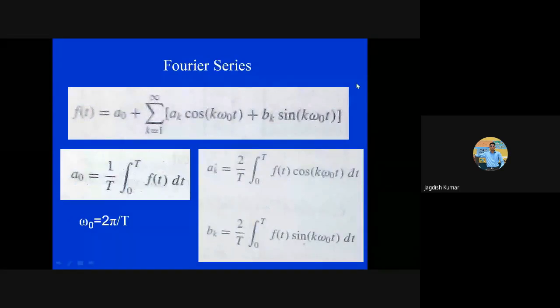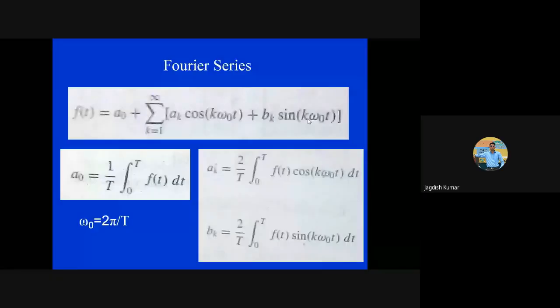The difference is that this is a very simple, well-defined function, and f of t in itself is not. So what we are actually trying here is to take a function of any arbitrary shape, but having a periodicity T, and represent it with the help of some well-known functions of well-defined shape.